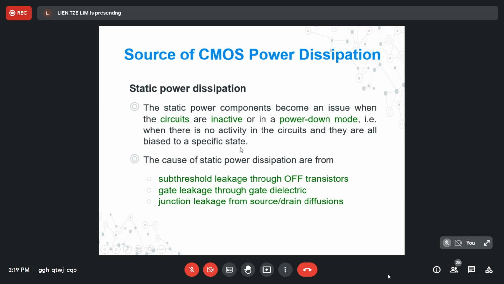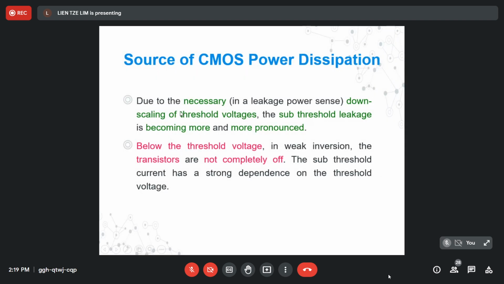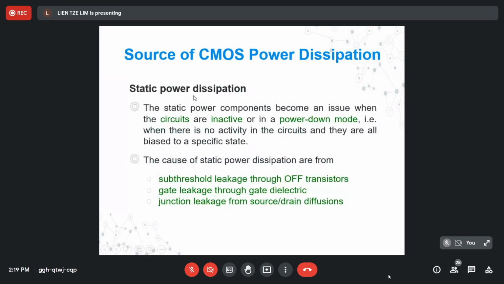Static means it happens when the circuit is off, inactive. This is how you can differentiate between static and dynamic power dissipations.